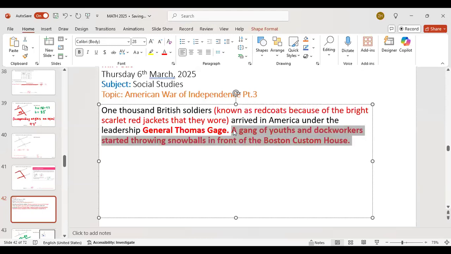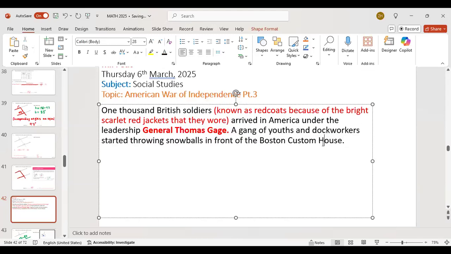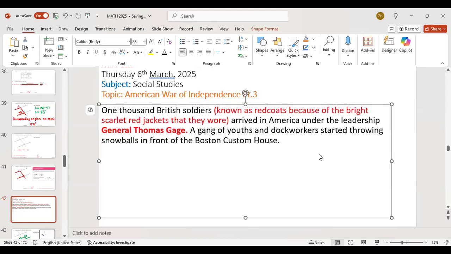Not the Boston Celtics, because we know the Boston Celtics aren't going anywhere this season. A gang of youths and dock workers started throwing snowballs in front of the Boston Custom House.